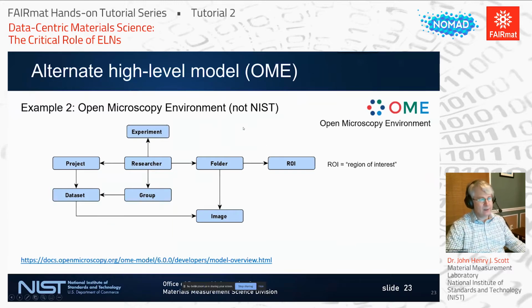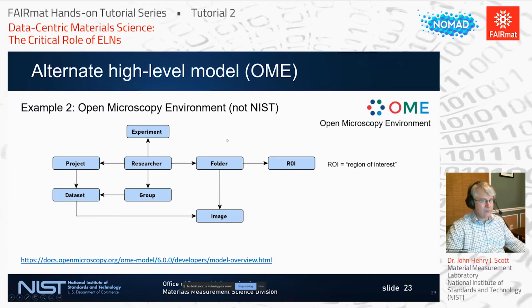However, as an alternative to that particular schema and view of the high-level research activity, here's another example, not from NIST, but from something called the Open Microscopy Environment, an open source project connected to the BioFormats project, focused largely on light microscopy, and specifically light microscopy and spectroscopy as used in the life sciences. Not exclusively for that domain, but that does seem to be a driver.